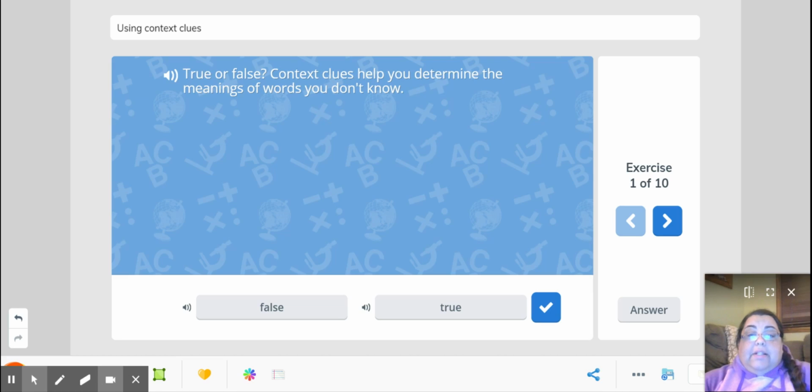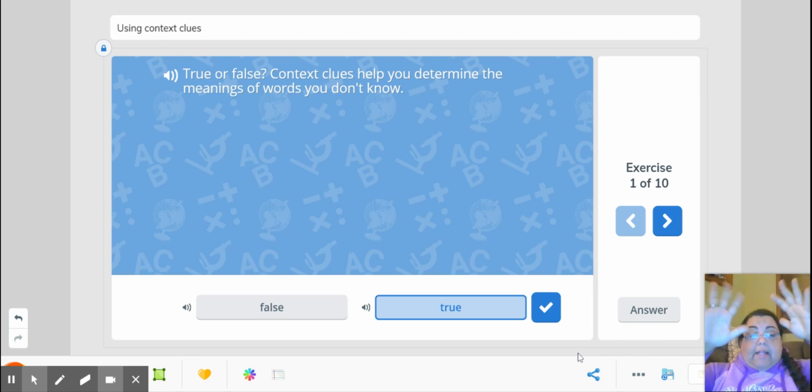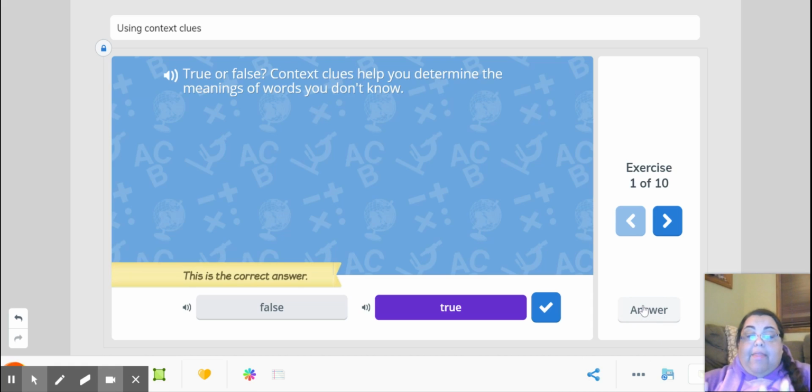Okay, context clues help you determine the meaning of words you don't know. I'm going to select true. If you selected true, hands up. And that is the correct answer. So, all of you with wiggling hands, you are correct.